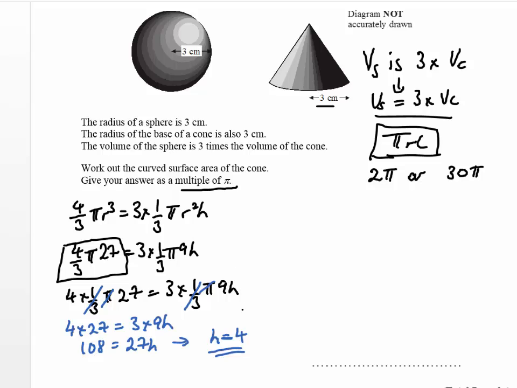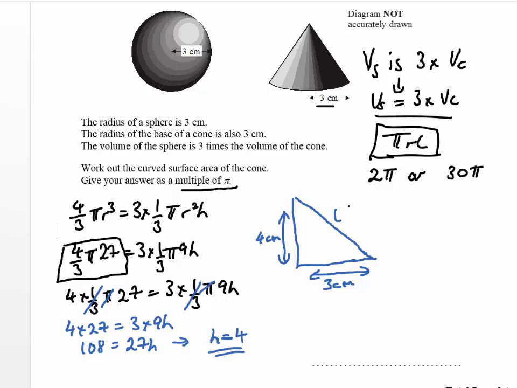So we're going to use this value of h just like we did in the previous question, because we know h is going to be the height of the cone, which is 4 centimeters. The radius, they've told us, is 3 centimeters. And we need to find out what l is going to be, don't we?